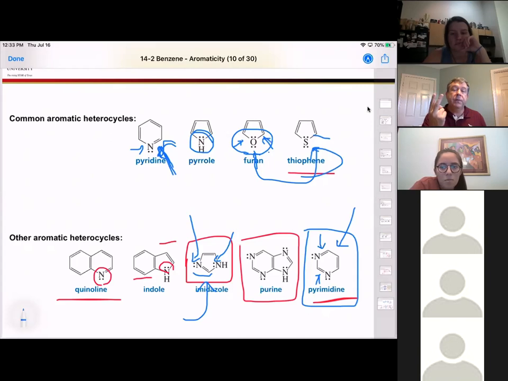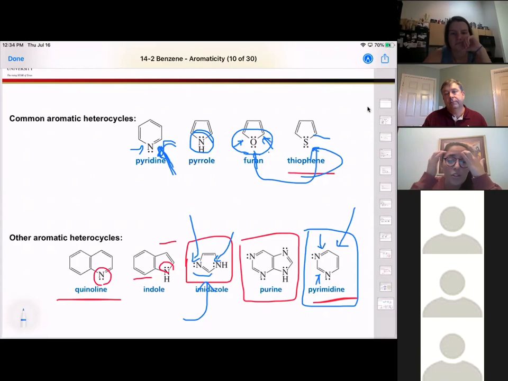Two of those p orbitals have been hybridized and will form a total of 3 bonds, and that leaves the other p unhybridized. In fact, you must have an unhybridized p orbital to have something be aromatic.